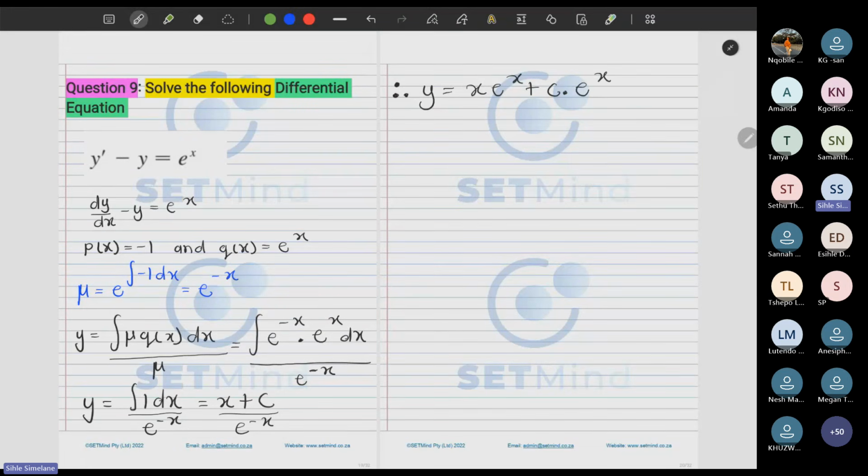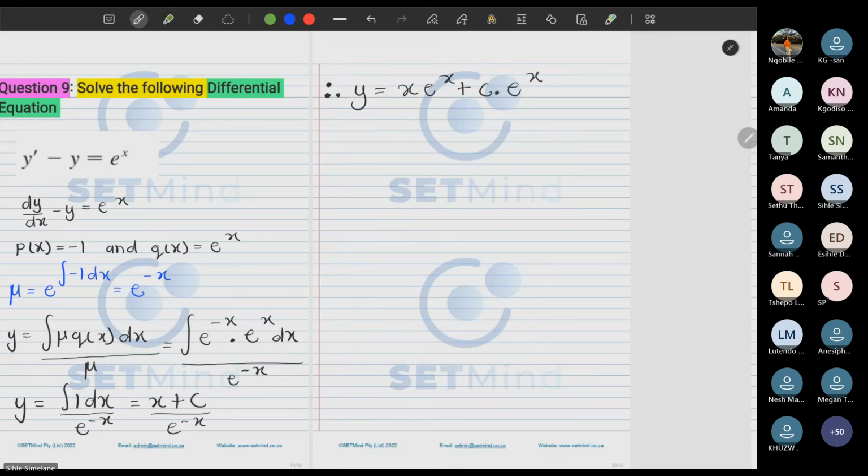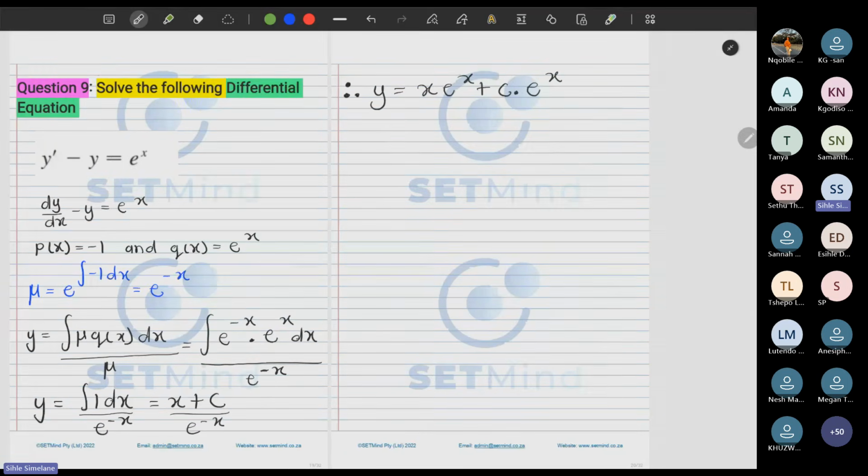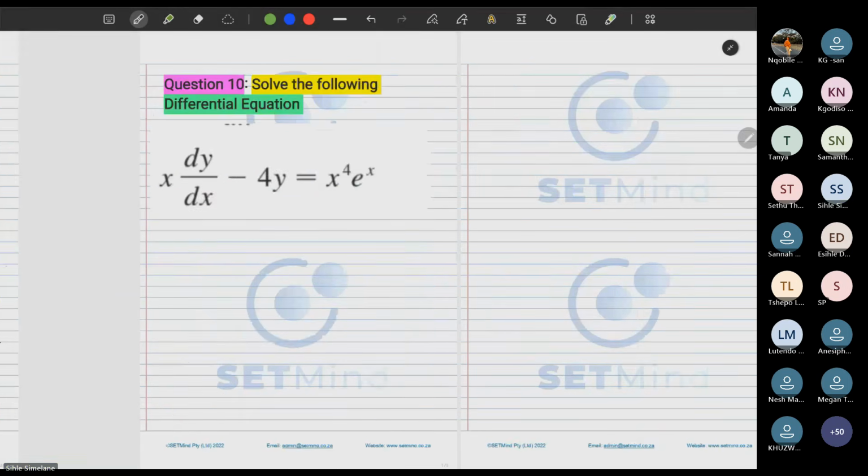Do you guys understand? If you do, just give me a thumbs up. And if you don't, please ask. Okay, I see we have a lot of thumbs ups. So let's go to the last question for linearity, which is question 10.